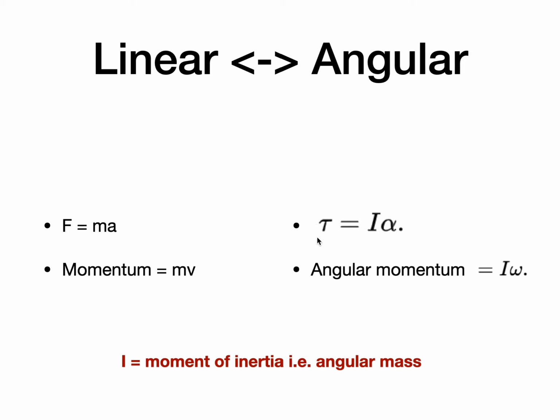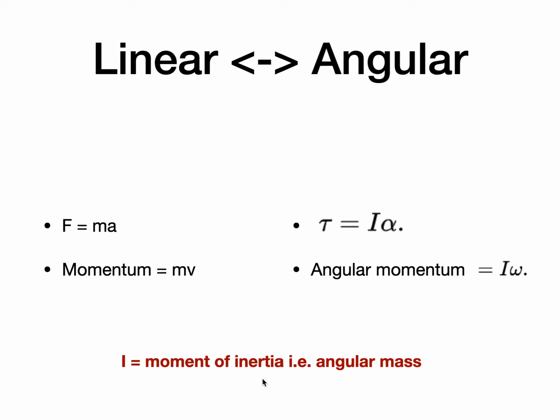Torque corresponds with force, and alpha is angular acceleration, which corresponds with linear acceleration. So there should be an angular mass, and that angular mass is the moment of inertia that we want to study today.